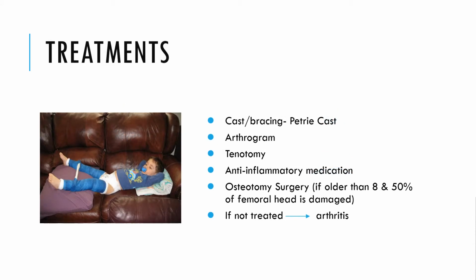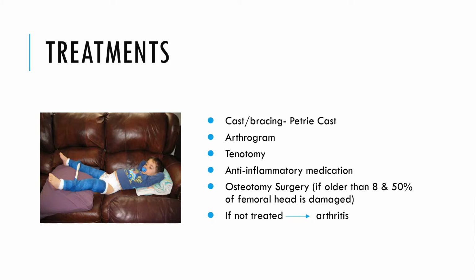Some treatments that can help with the healing process of Perthes disease are the use of a cast or brace, such as a Petrie cast, which is shown in this picture. This cast keeps the femoral head in its concave placement of the acetabulum, encouraging it to stay in place. This can be worn up to 6 months, then eventually just at night.